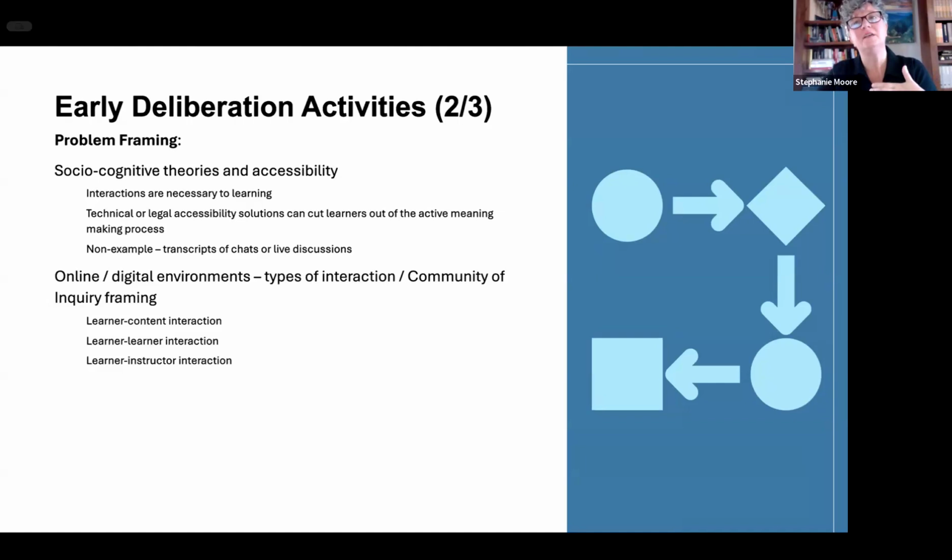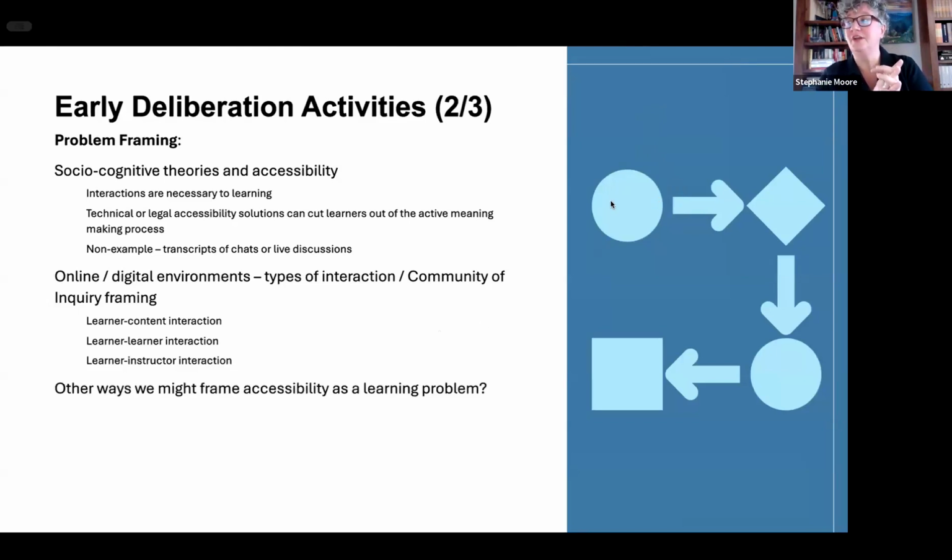And so for me, as I work on accessibility, whether as an instructional designer or director of instructional design, I'm always ticking through these layers of interaction and trying to think about how's learner content interaction going to be accessible? How is learner interaction going to be accessible? How is learner instructor interaction going to be accessible? Okay, Beth.